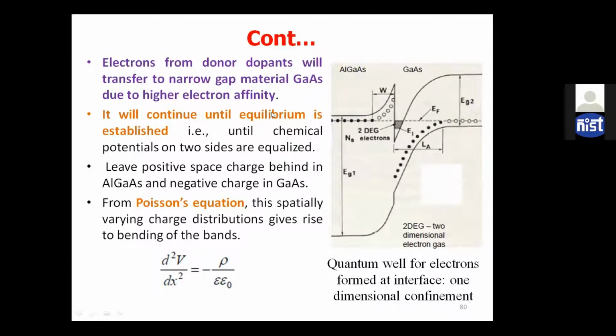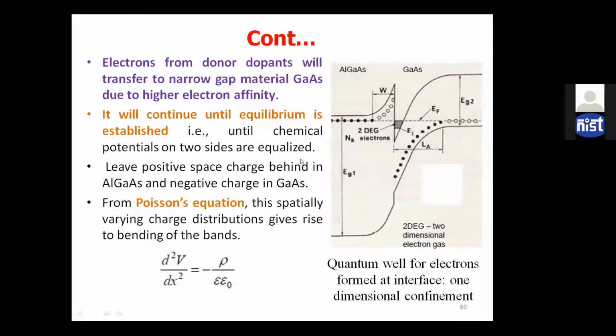As already told, the electrons come from this AlGaAs region to GaAs due to higher electron affinity. The flow of electrons from this region to GaAs continues until equilibrium is established, that means until the chemical potential on the two sides is equalized.